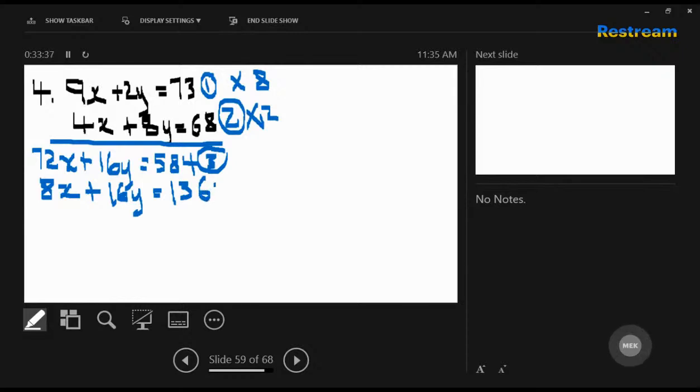Now this time when we look, we see that it's a positive 16y and a positive 16y. So the signs are the same. When the signs are the same, we subtract in order to eliminate. So we're going to subtract equation 4 from equation 3.